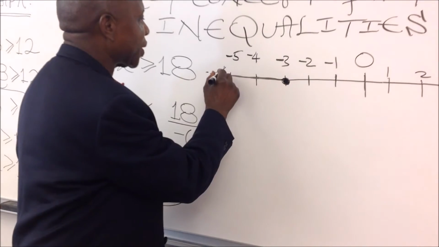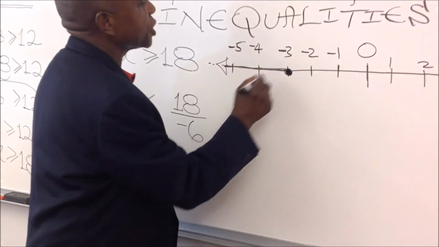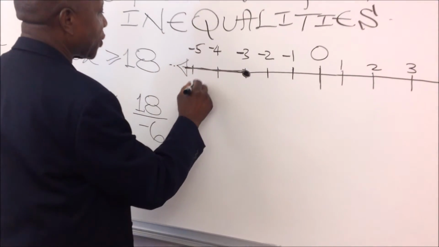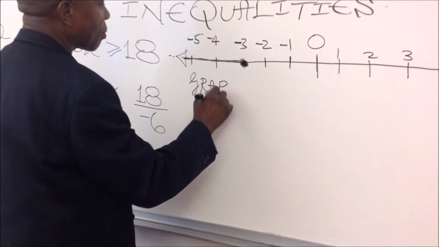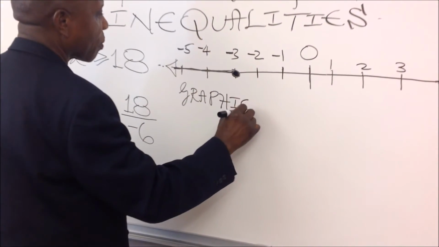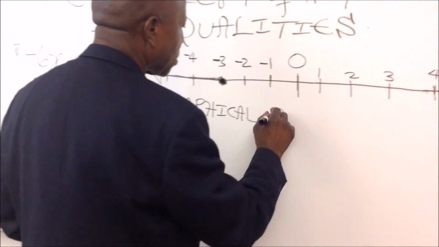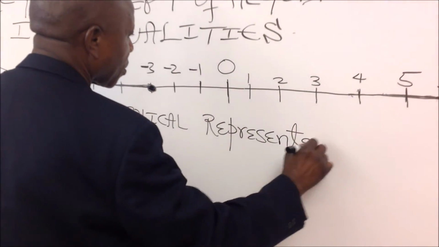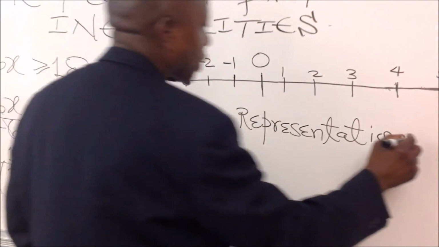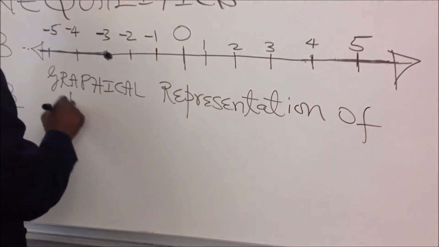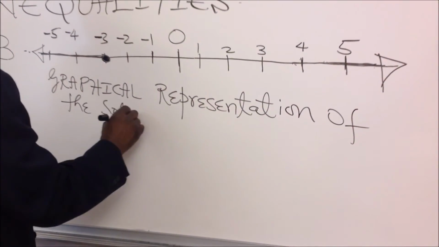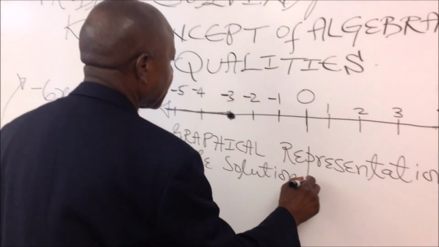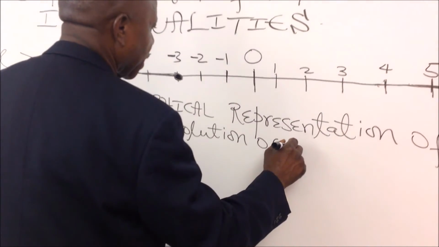So this is known as the graphical representation of the solution of the linear inequality problem.